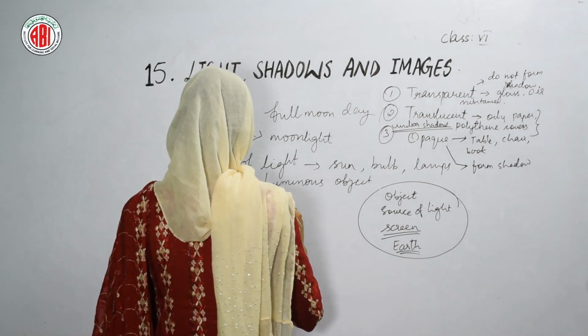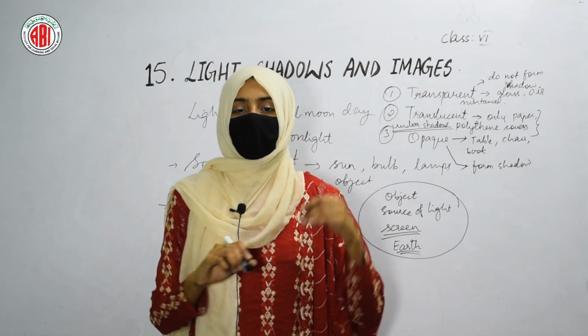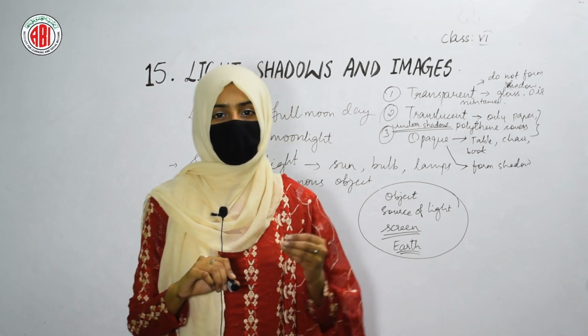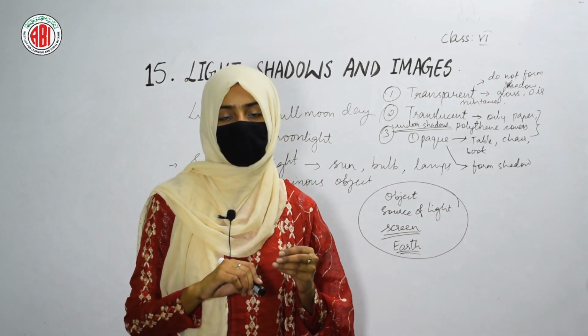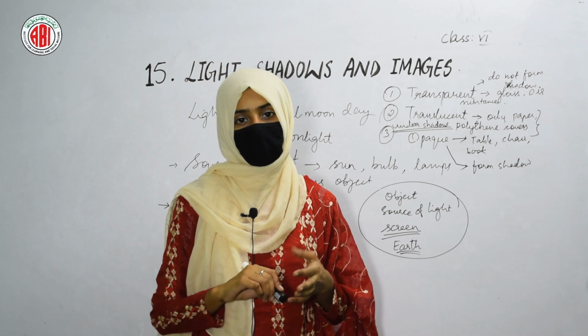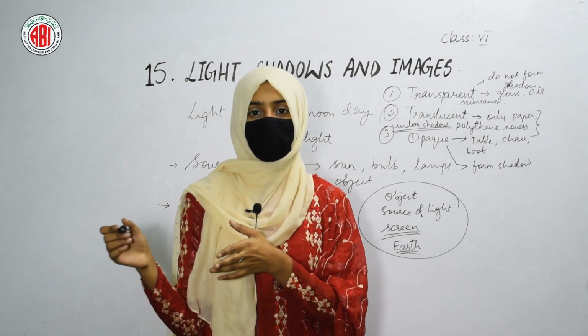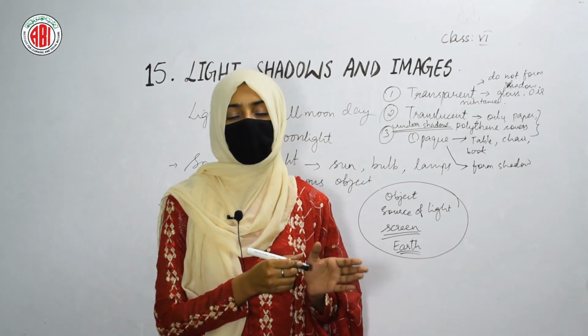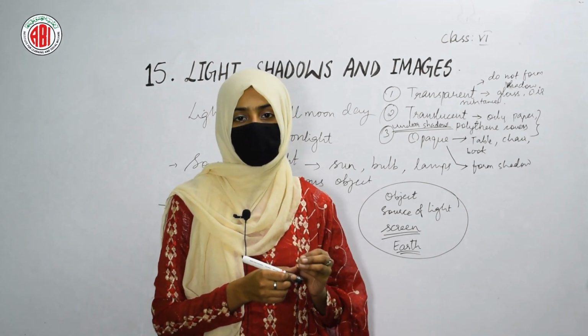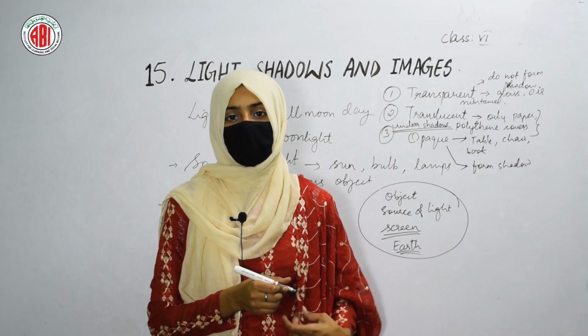Let us learn about the color of shadow. By looking at the shadows, can we guess the different objects that are present? No, we cannot guess the objects by looking at the shadows, because the real image of the object is different from that of its shadow.